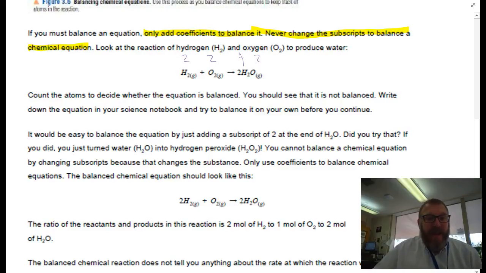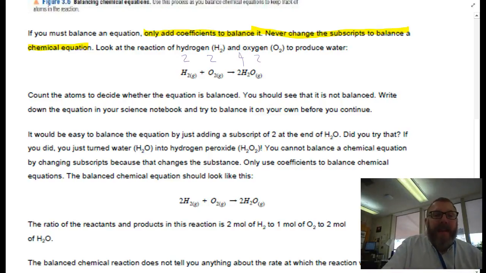Did you try that? If you did, you just turned water, H2O, into hydrogen peroxide. Hydrogen peroxide is toxic, very different from water. That's what hairdressers will put on hair to bleach it. It also kills bacteria. So hydrogen peroxide is not the same as water. It's close, but it's not the same.